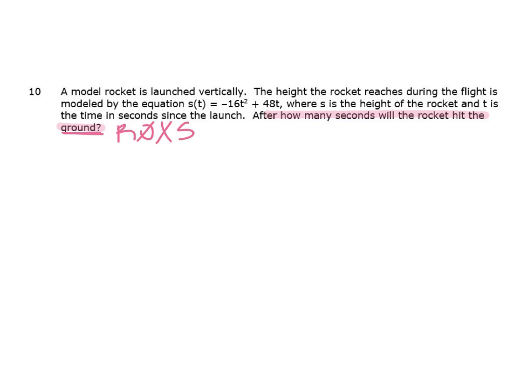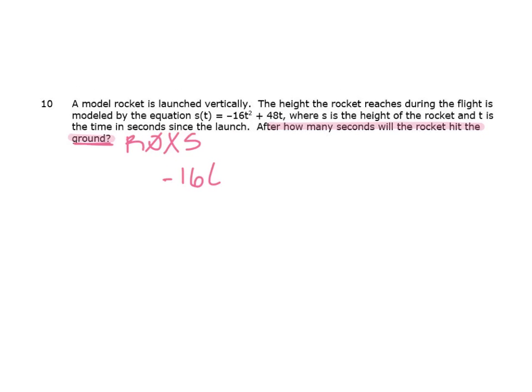I'm going to go ahead and factor. So I'm going to take my negative 16 t squared plus 48 t, and I want to know what is my GCF. Remember, if you have a negative, you want to take that out. 16 and 48 are both divisible by 16, and they both have that t, so I'm going to take that out.